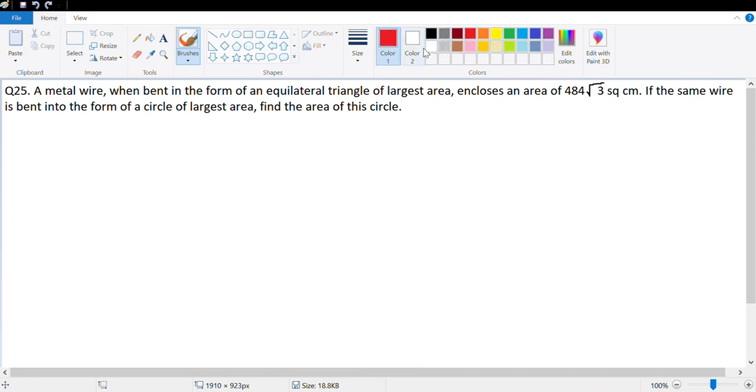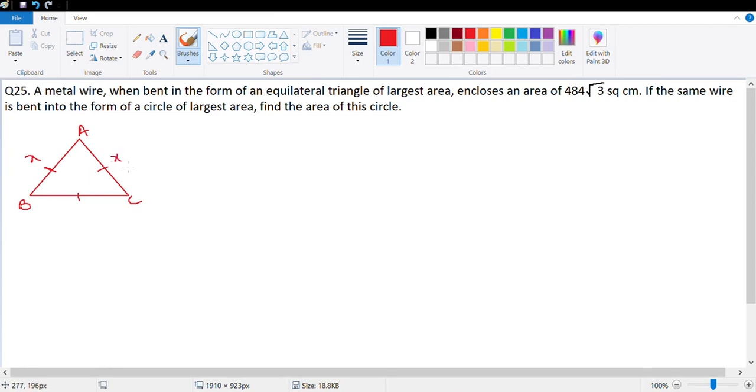Question 25 says, a metal wire when bent in the form of an equilateral triangle of largest area encloses an area of 484 root 3 square centimeter. So this is equilateral triangle ABC, and the wire is being bent in the form of an equilateral triangle.